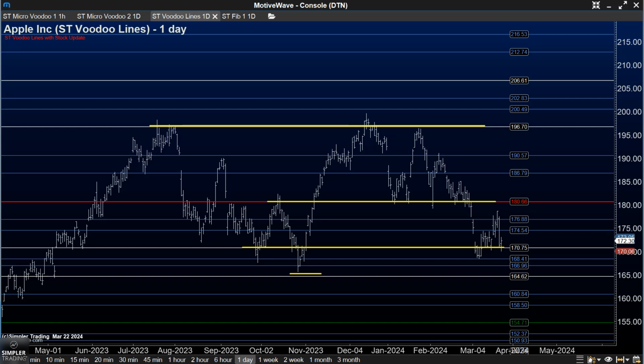So when we see oscillation like this around a more important level, we're still going to treat that important level, in this case the 180.66 fire line, as the important over under, but it tells us that we need to see a commitment beyond the snow line on either side to show us which way Apple wants to travel as it exits the gravitational pull of that 180.66 level.